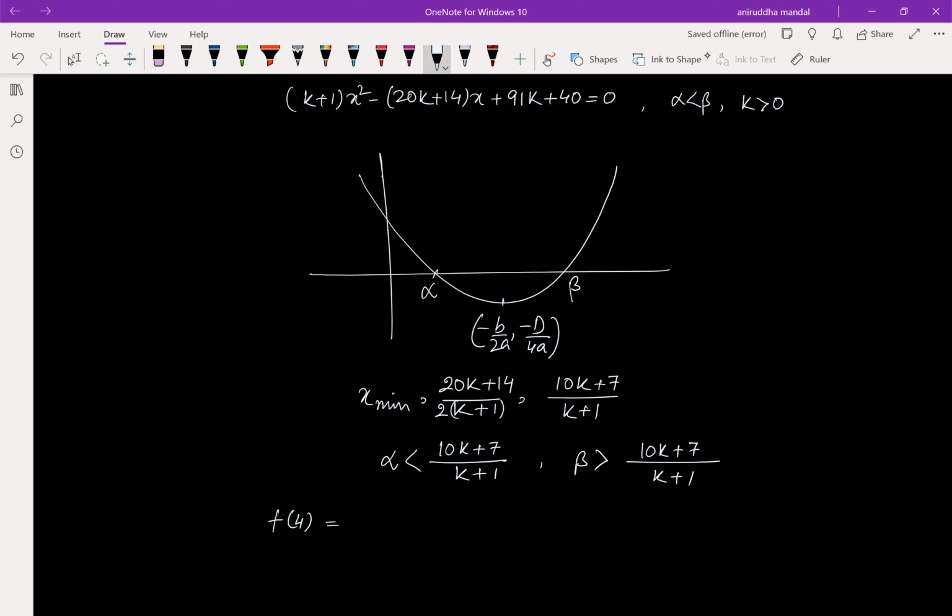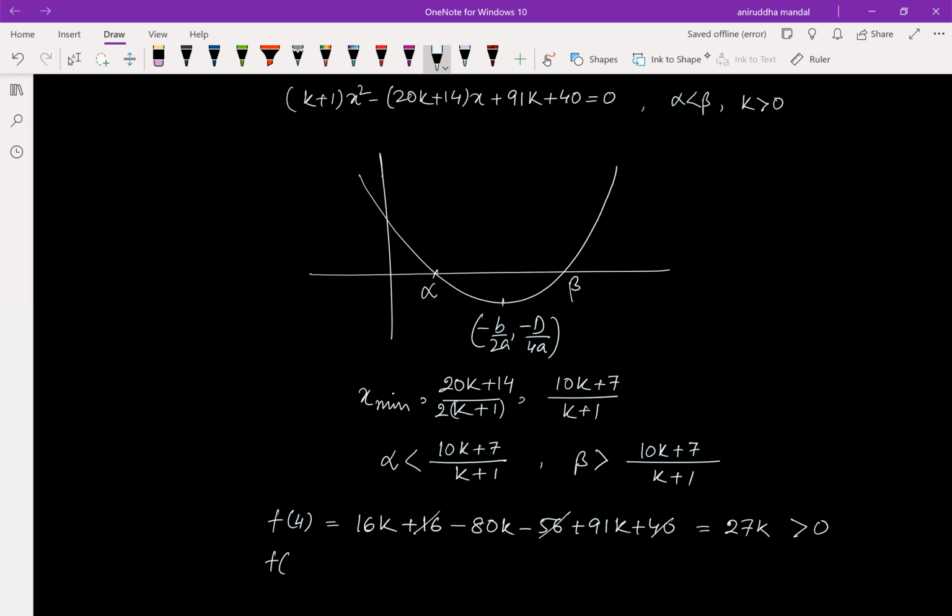So f4 means we put x as 4, so f4 is 16k plus 16 minus 80k minus 56 plus 91k plus 40. So this will get cancelled and we'll get 16 plus 27k. Okay, so f4 is positive as k is positive.